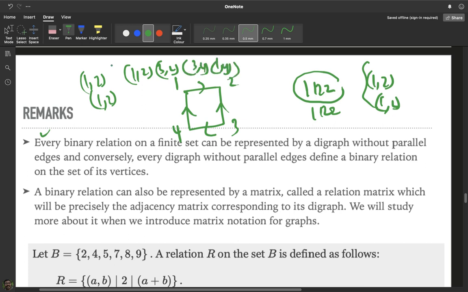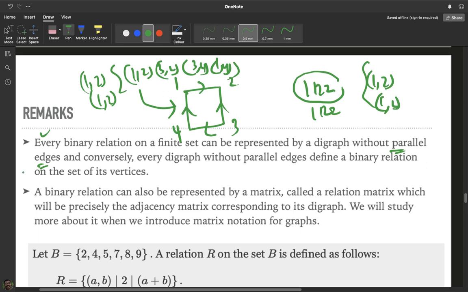So when you have a graph, you can write down a binary relation. Conversely, if you have a binary relation, you can draw a directed graph. So there is an equivalence between binary relations and directed graphs. Remember, in those graphs there will not be parallel edges because we don't repeatedly write the same relation. Similarly, there are other ways to represent relations also.